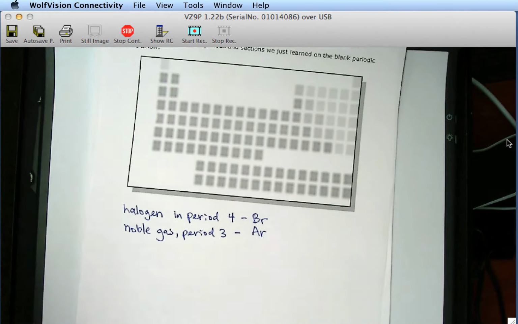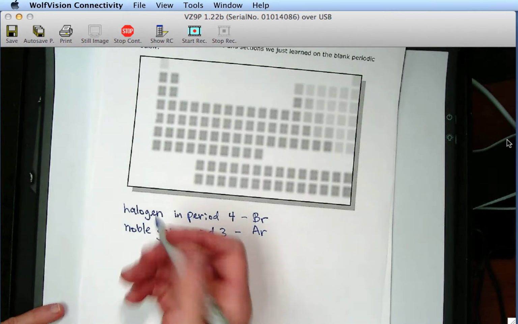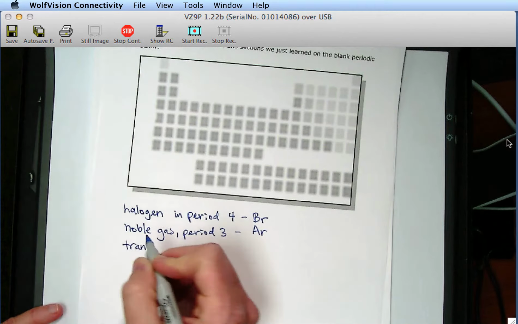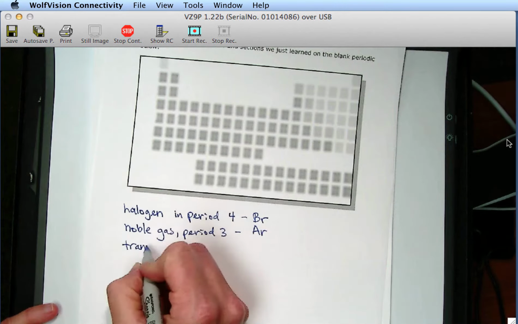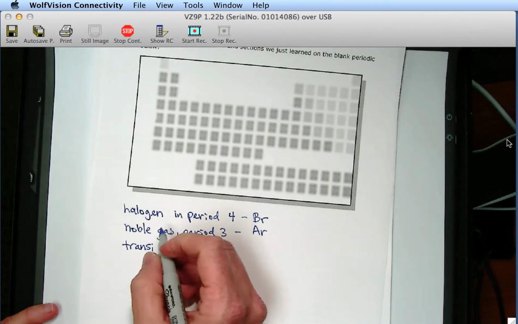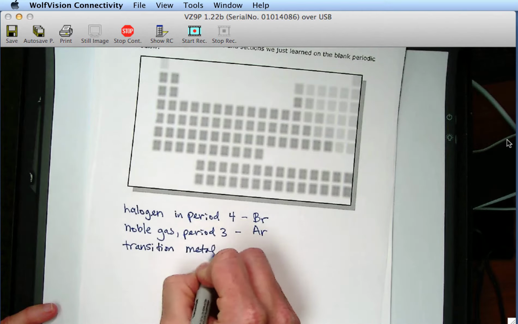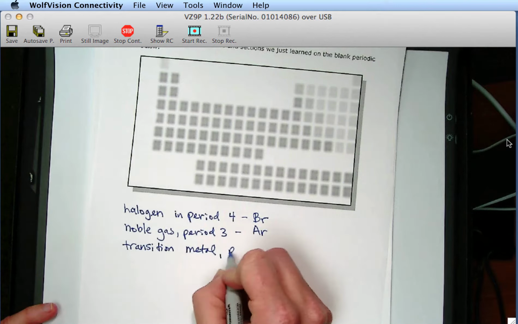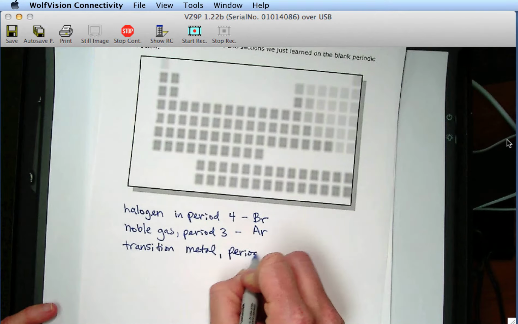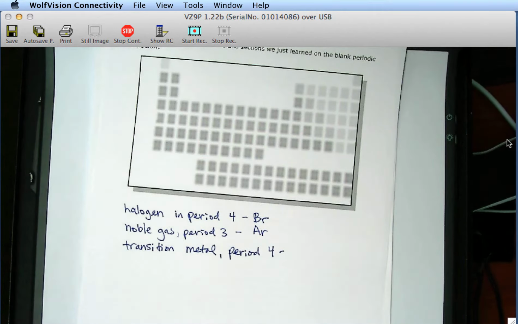Let's see, I'll give you one more. Transition metal in period 3. Or period 4, sorry. Any transition metal in period 4. You can come up with iron, cobalt, nickel, copper, zinc.